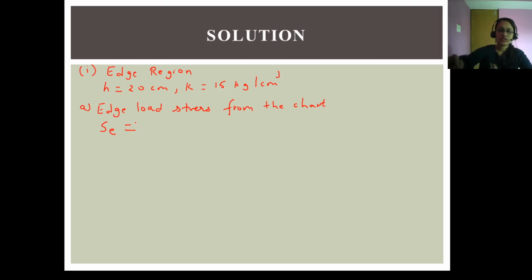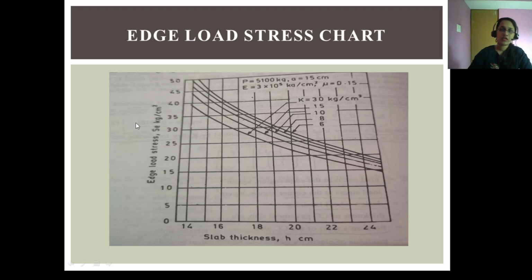For h is 20, this is the edge load stress chart. H is 20 centimeters on this x-axis and the k value is 15. You can see these curves here, so k is 15 lies here.